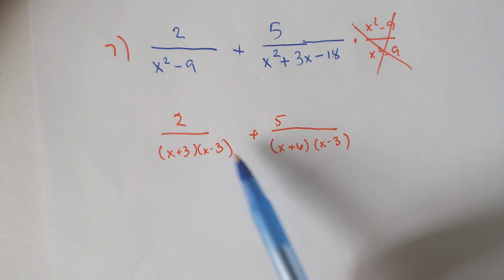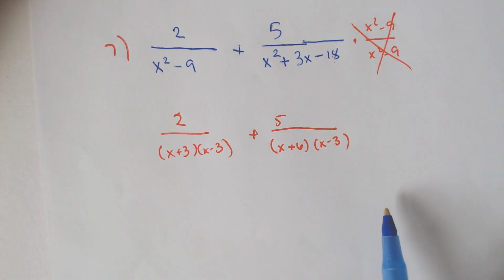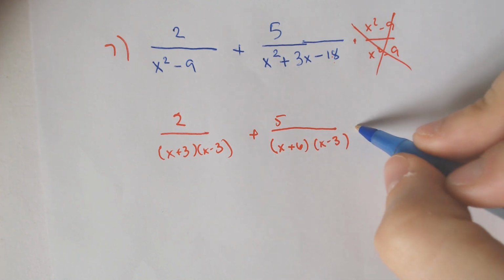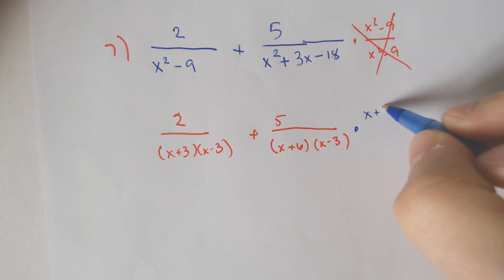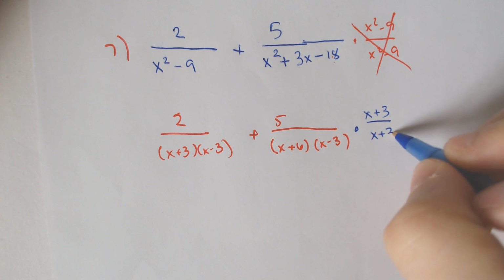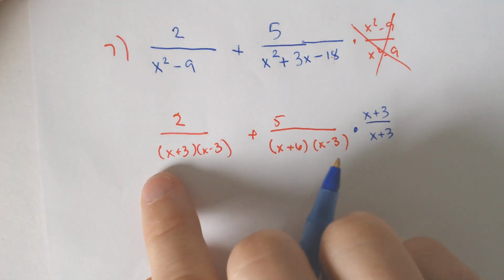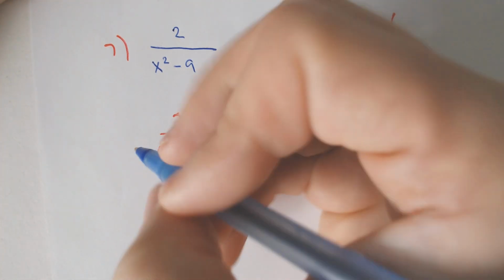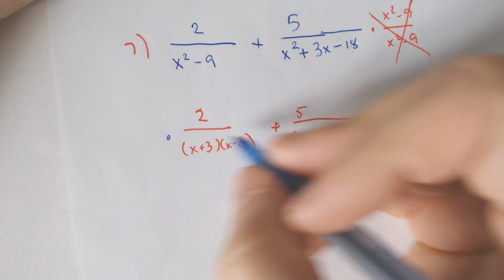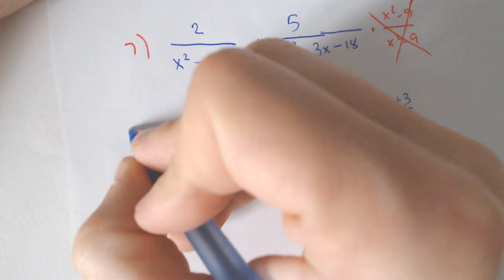They both have an x minus 3. So we aren't missing an x minus 3. We are, however, missing on the right side an x plus 3, because x plus 3 is over here but not over here. And we are, however, missing on this side an x plus 6.